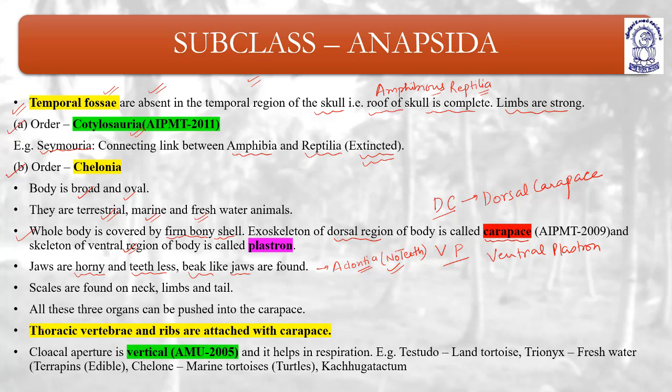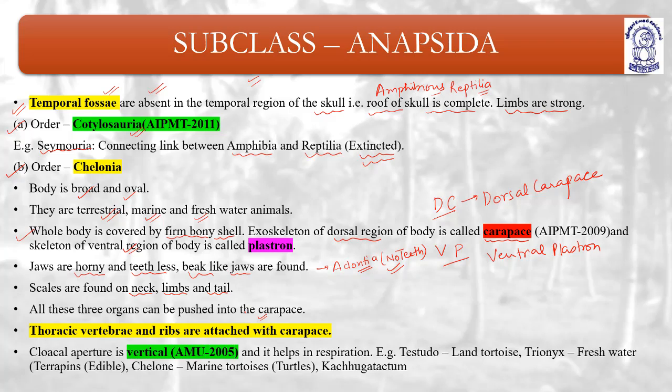Scales are found on the neck, limbs, and tail. So scales are present especially in the neck region, limb region, and tail region. All these three organs can be pushed into the carapace, which is the dorsal covering of the exoskeleton.